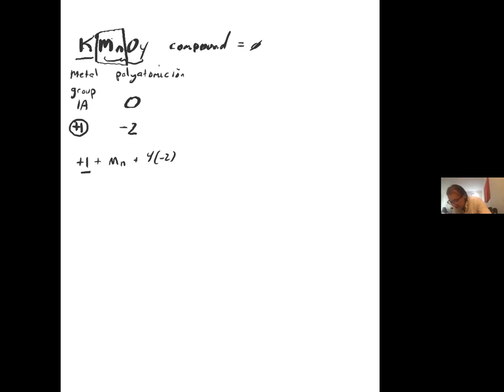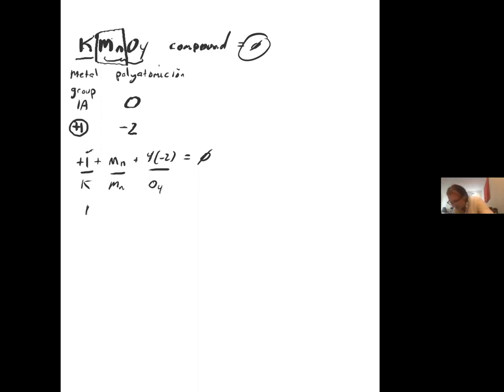So KMnO4, right? It's got to add up to 0. And then you just go through the arithmetic to figure out what it is. If you take 4 times -2, that's -8. -8 plus 1 over here on the left is -7, right?